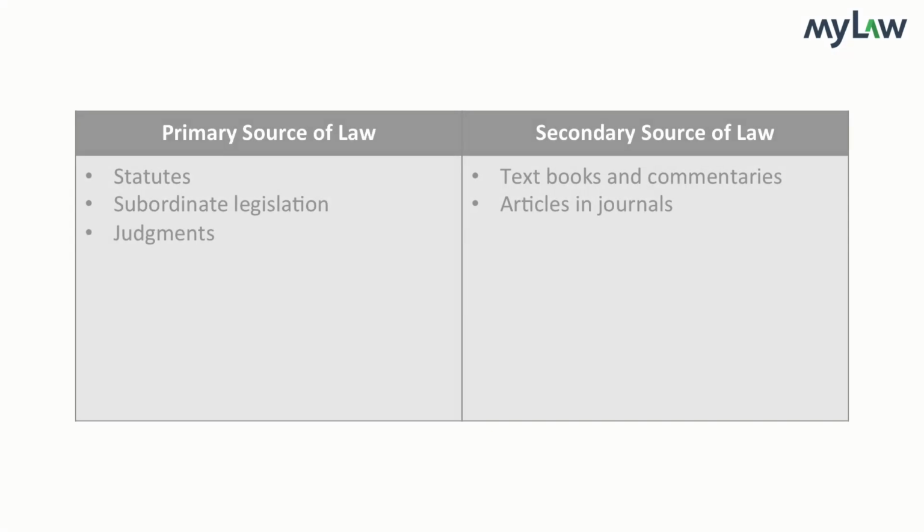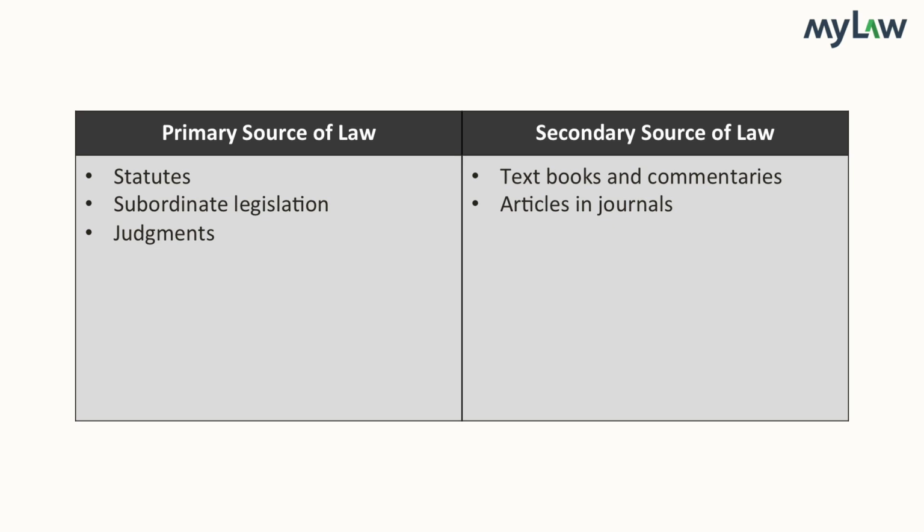Now, secondary sources are also important because they will give you ideas on how to analyze and critique the law. This you will mostly find in journal articles and the opinion pieces in newspapers, magazines, and some web-based sources.